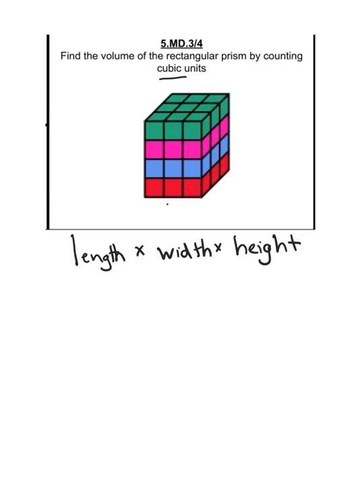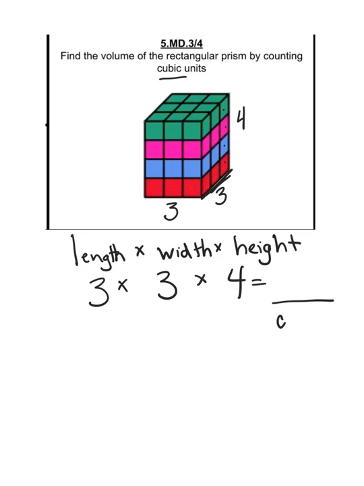So I can see 3 cubes going across, 3 cubes going back, and then I see a height of 4 cubes. 1, 2, 3, 4. So I can multiply 3 times 3 times 4. 3 times 3 gives me 9, times 4 more gives me some number of cubic units. You guys figure it out.